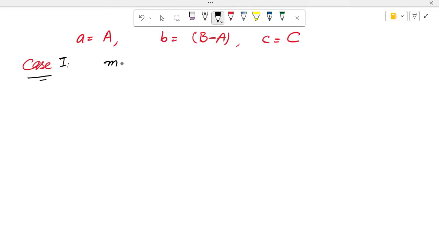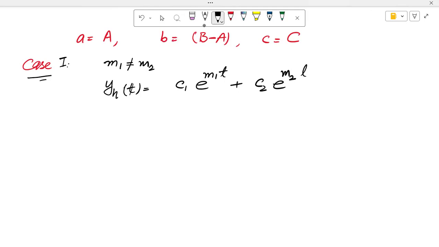So if m1 is not equal to m2, and we have the distinct values, so the homogeneous solution of y, in our case, it will be written here for t. So it will be c1, a constant, e raised to the power m1 times t, plus c2, e raised to the power m2 t. So this is interesting.